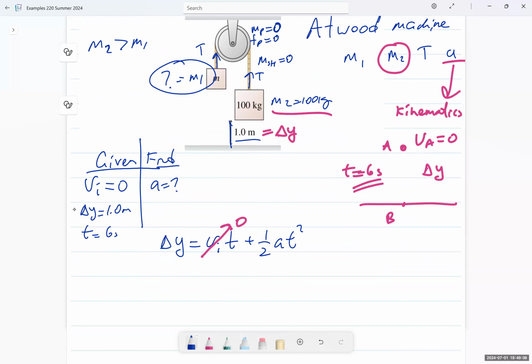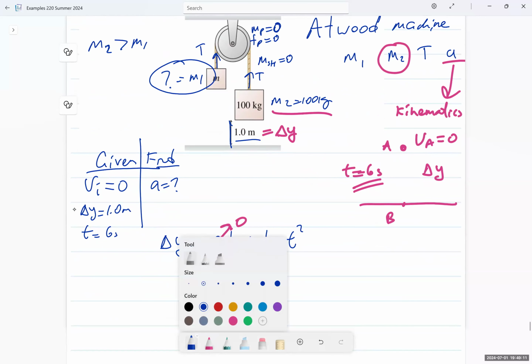So rearranging this, it becomes 1/2 acceleration times t squared equals negative delta y. Knowing that you're going down, delta y is -1, so the negative is going to cancel out, and we can ignore that part. So negative delta y is just 1 meter of distance.